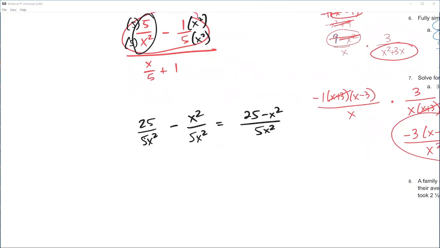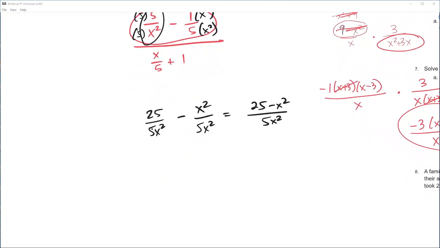And then on the bottom, this side needs nothing, this side needs a 5. So there's going to be x over 5 plus 5 over 5, which is equal to x plus 5 over 5.